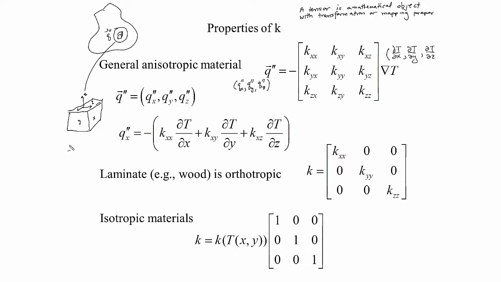Well, these properties of K are identifying both the face and the direction that this K changes. So it says that at some location, if I look at a particular face and I ask the question about what happens in a particular direction, it's basically saying that K can vary depending on this choice of face or direction.